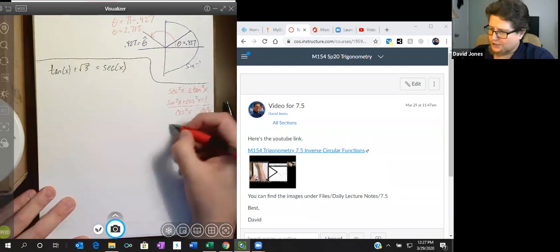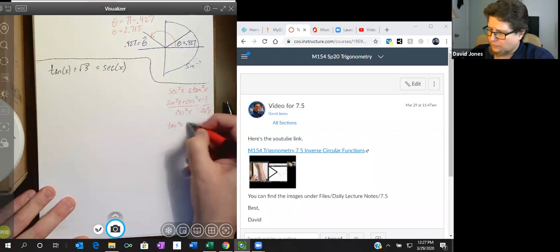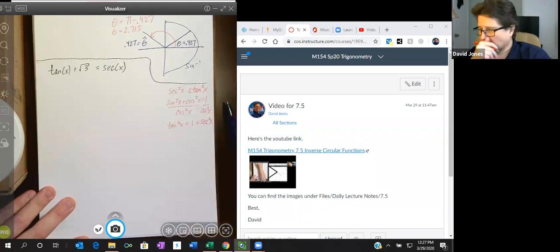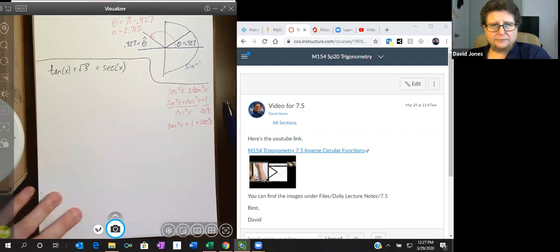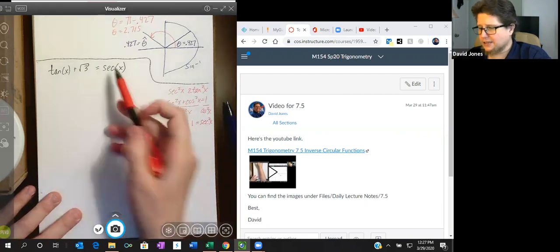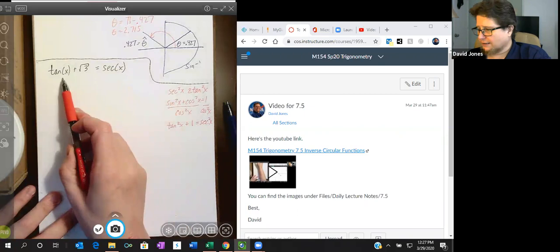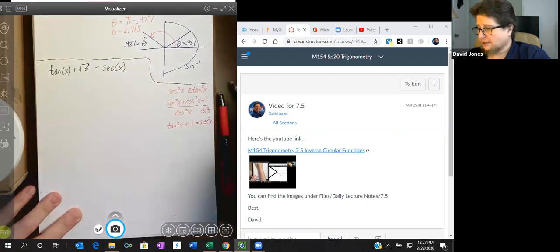And we saw that tangent squared x plus 1 equals secant squared. So maybe if I square both sides, I'll have a secant squared over here, a tangent squared over here. Let's see what happens.